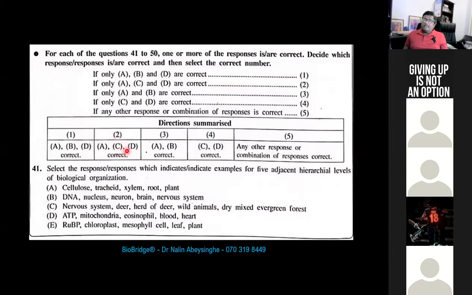If A, C, D is correct, you have to mark number 2 in your answer sheet. If A and B are correct, you have to mark answer 3 in your answer sheet. If C and D are correct, you have to mark answer 4 in your answer sheet. If any other response, any other combination is correct, or none are correct, you have to answer as number 5.